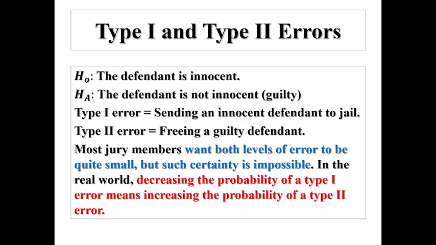Unless I have sufficient evidence to show the student doesn't learn, then I'll fail them. Otherwise, pass them. Right? What errors do I have? What kind of error? Two errors. Type 1 error. What is the type 1 error here?